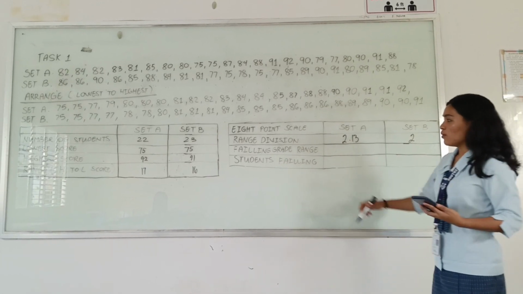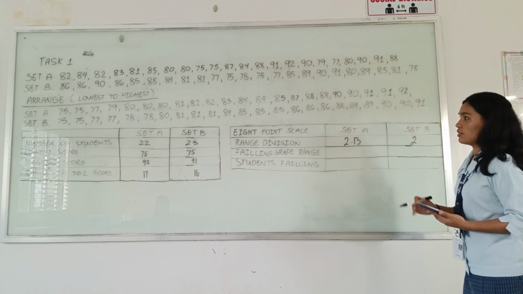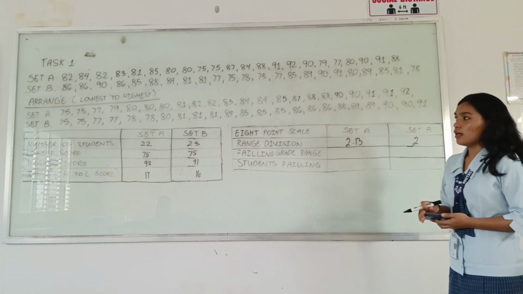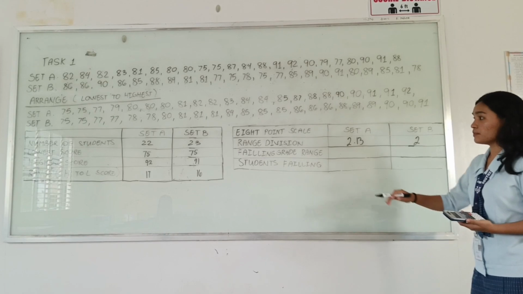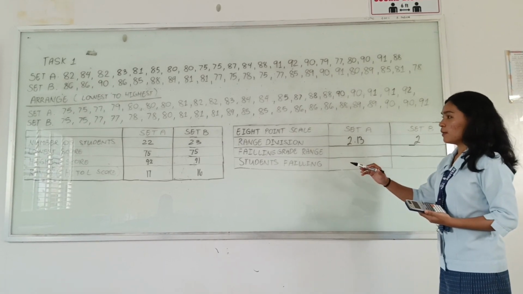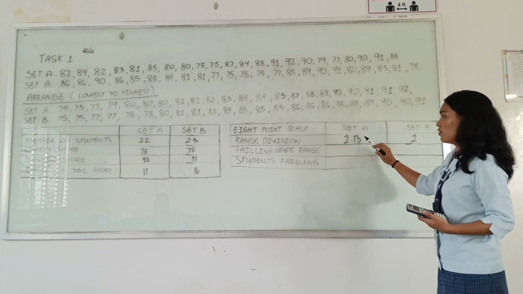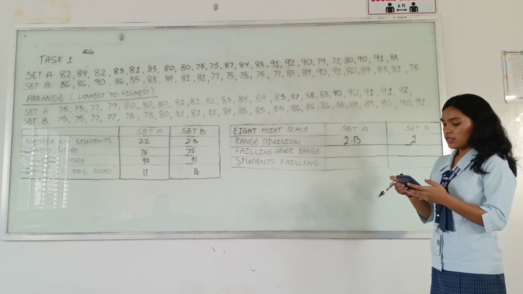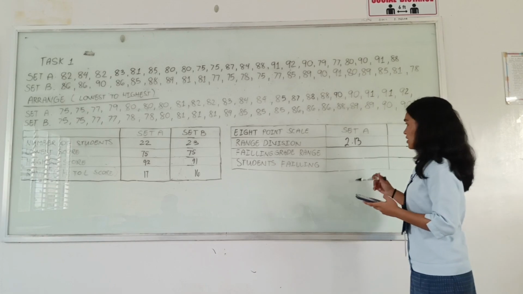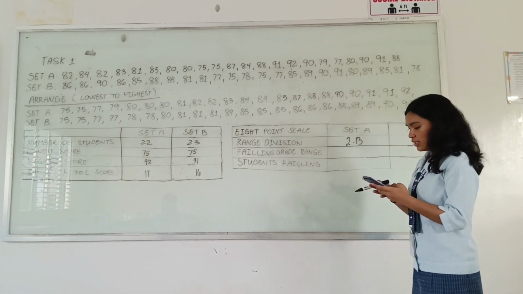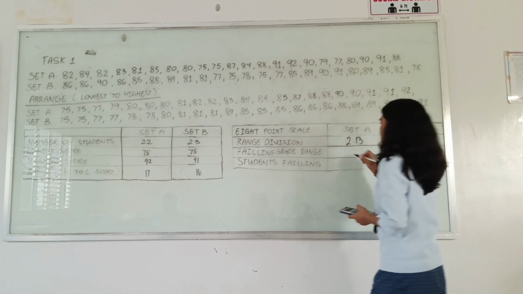So we will now get the failing grade range. In finding the failing grade range, we add the lowest score to the range division. So 75 plus 2.13 is equal to 77.13.